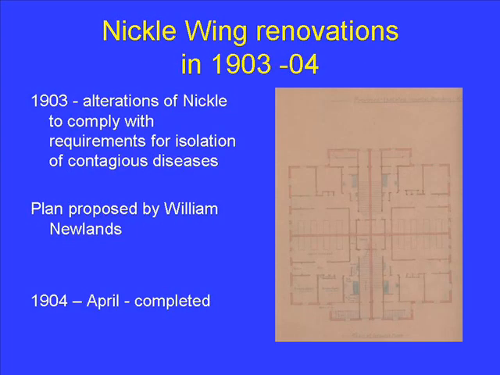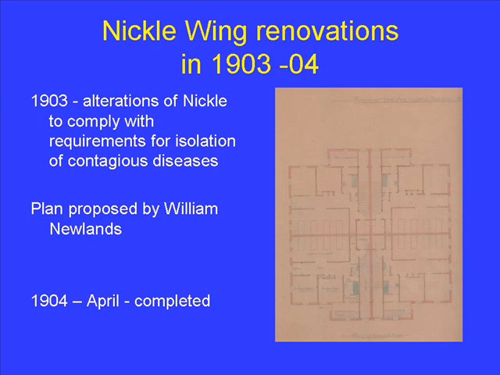Now, this is a plan for the isolation that was proposed by William Newlands, and well, my pointer is working. There are 4 sections to the floor. All 4 sections are separate. They're independent of one another.